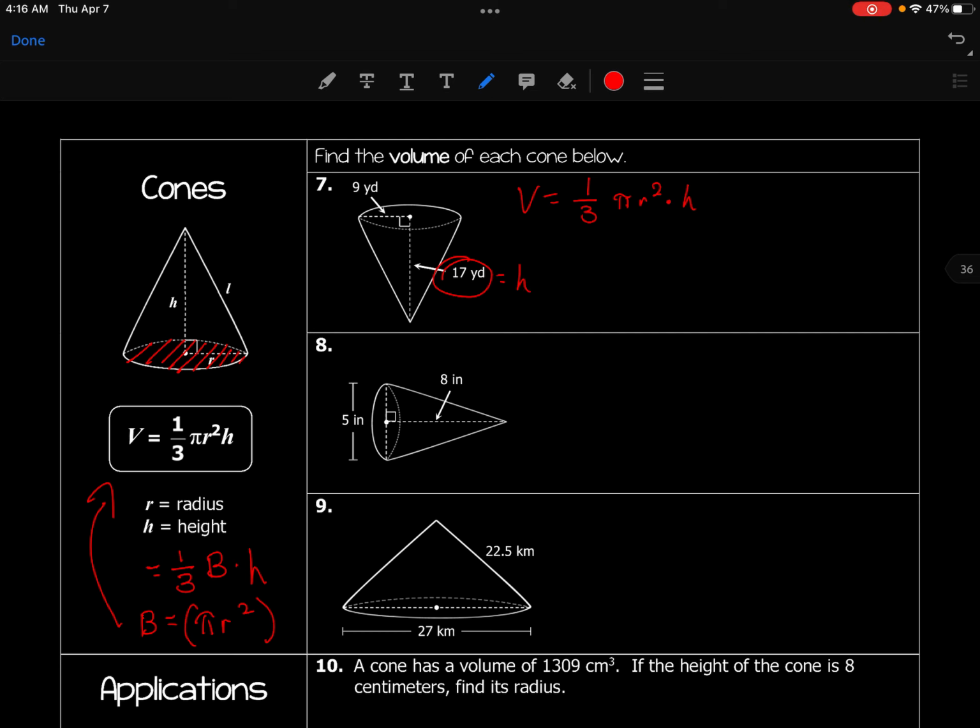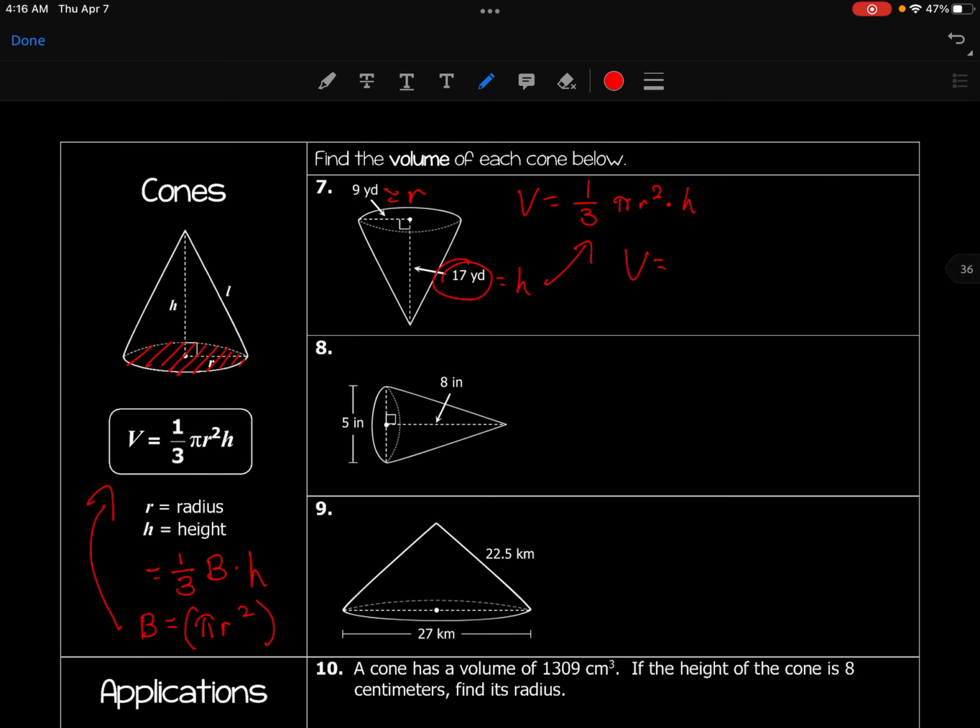Oh, it's given to us, which is 9. Just plug those values into the equation and we are done. Volume is equal to, excuse me, 1/3 pi times 9 squared times 17. Put in the calculator, you are done.